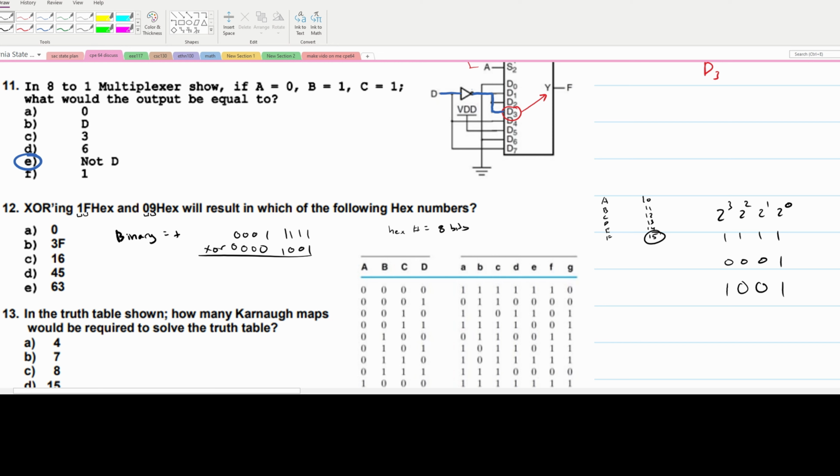Now we can draw a truth table for XOR. We know we have 2 inputs, A, B. We have an output, F1. Our possible inputs are 0 0, 0 1, 1 0, 1 1. And for an OR gate, we know that we have a 0 here and then 1, 1, 1. So exclusive OR is not the opposite of it, but the exclusive of it.